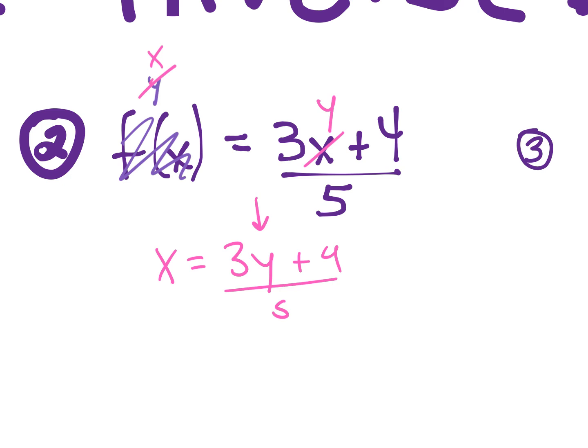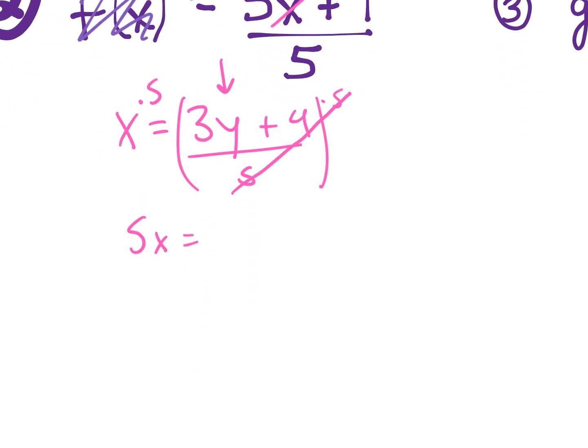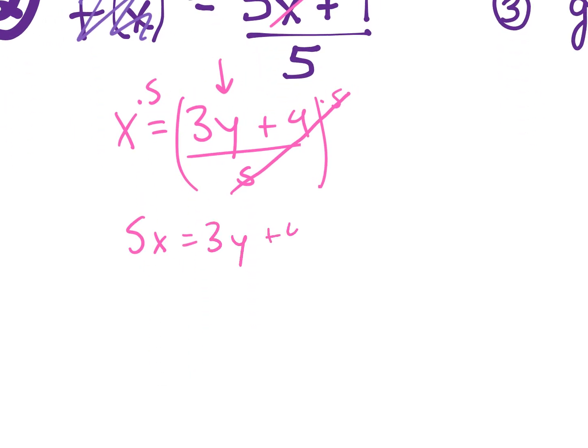So I'm going to multiply both sides of my equation by 5 since y is being divided by 5, and I want to undo everything. So I'm going to multiply both sides times 5. So 5x is equal to, the 5 that I'm multiplying cancels out with the 5 that's being divided there. So it's equal to 3y plus 4.